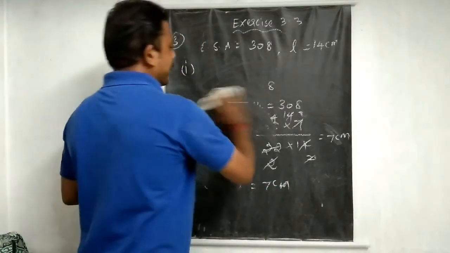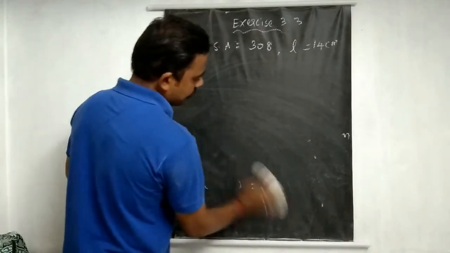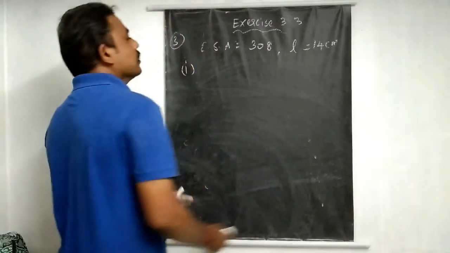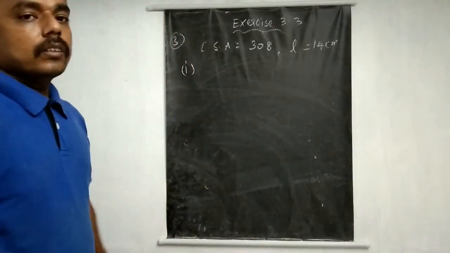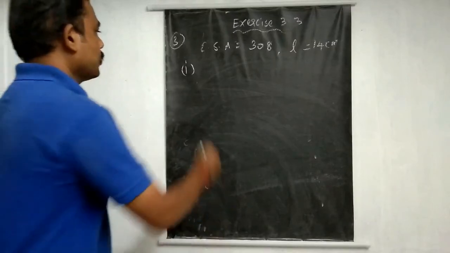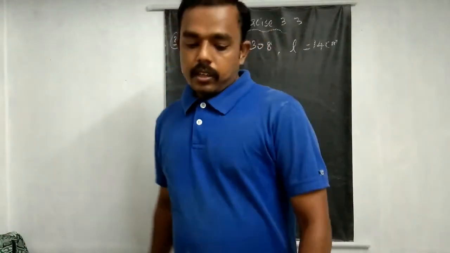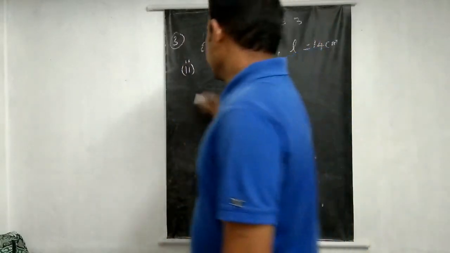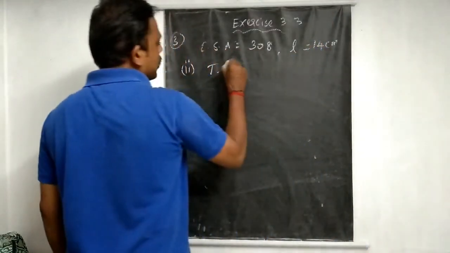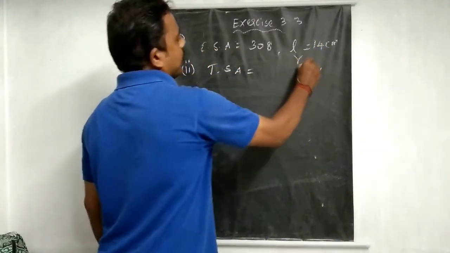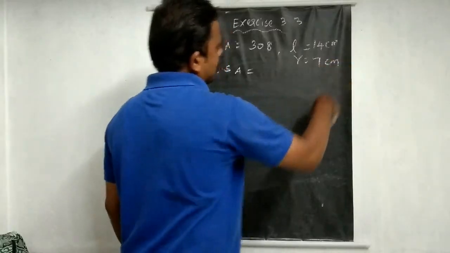Now come to the second question: the total surface area of the cone. So r equals, we have 7 centimeters.